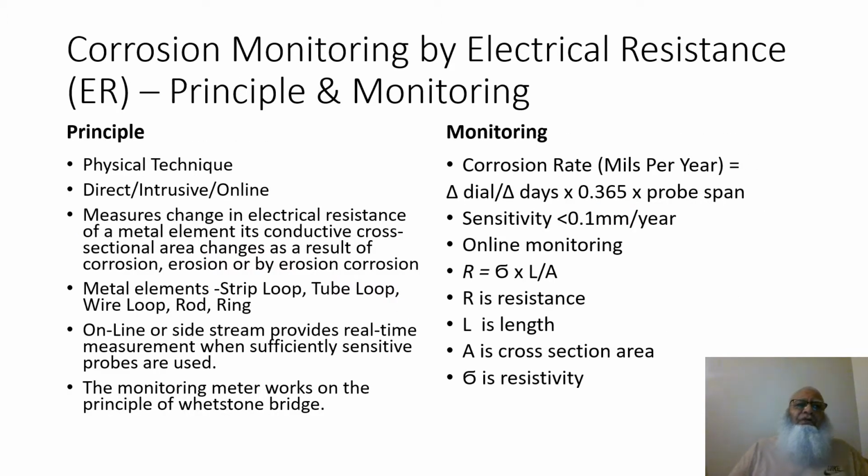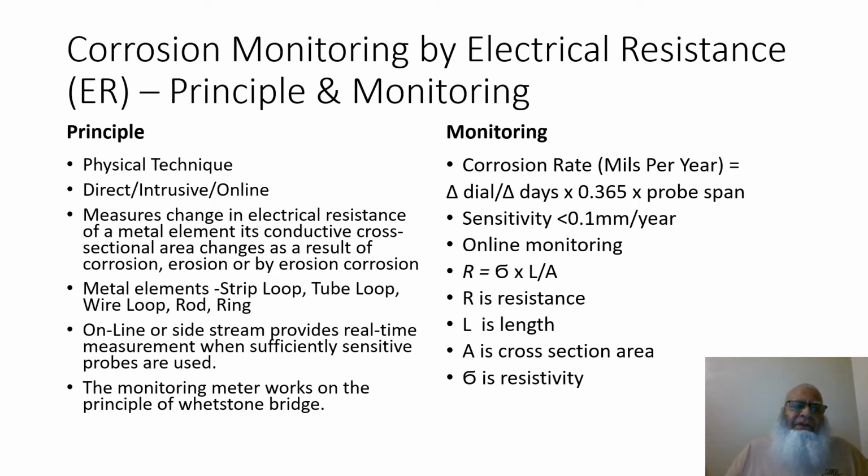This slide shows corrosion monitoring by the electrical resistance technique and its principle and monitoring. Its principle is a physical technique, a direct intrusive online technique. It measures change in electrical resistance of a metal element. Its conductive cross-sectional area changes as a result of corrosion, erosion, or erosion corrosion.